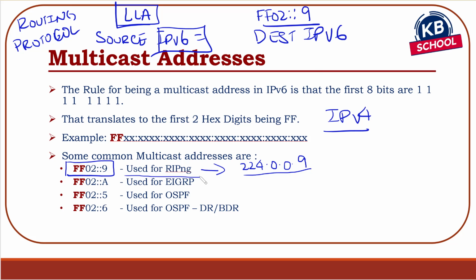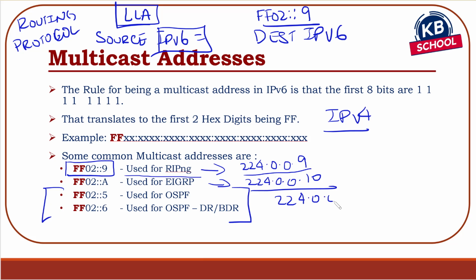So if I was not running RIP, I was running EIGRP, EIGRP would use FF02::A. The same type of thing in IPv4 would be 224.0.0.10 because EIGRP has this address assigned to it. OSPF uses two multicast addresses even in IPv4.